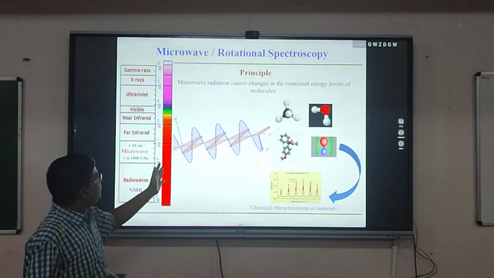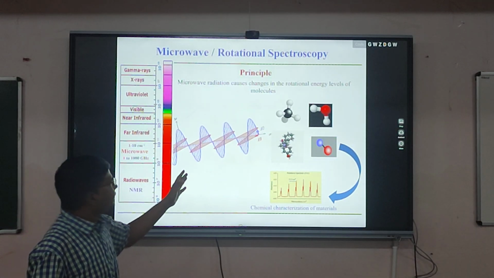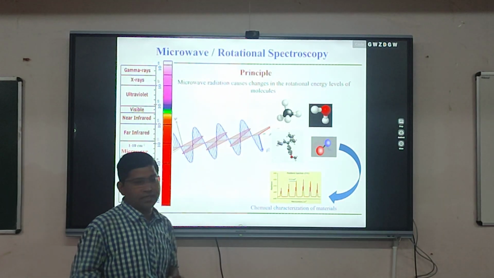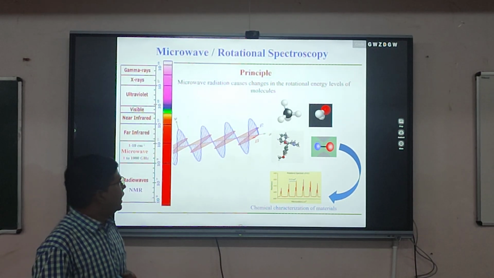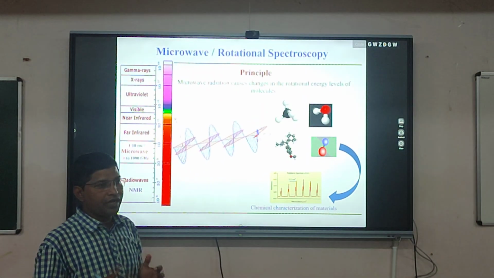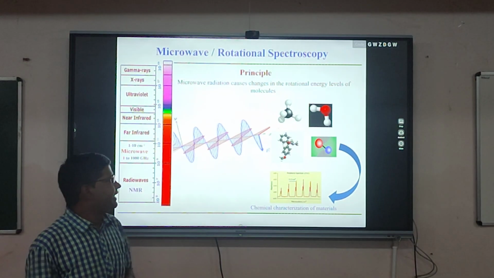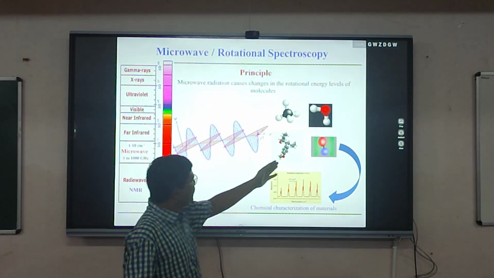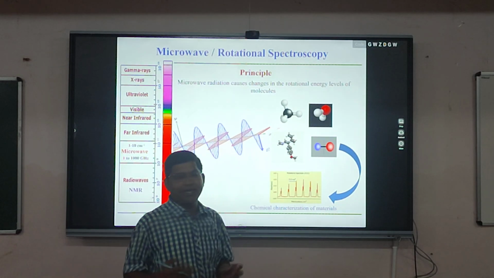With the help of microwave spectroscopy we can determine the chemical substances present in unknown samples, and the rotating molecules are classified into different categories. This one is called a linear rigid rotator diatomic molecule.